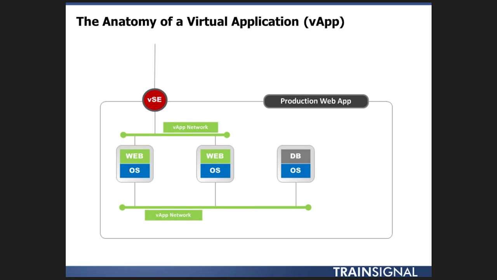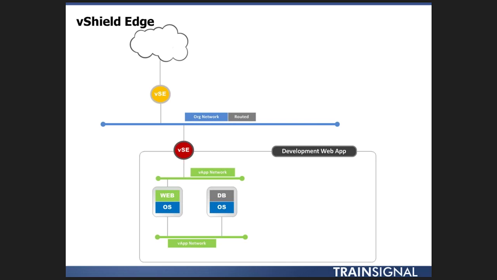The next feature in our top 5 is the vShield Edge, which I just mentioned. In this diagram, you might have seen the VSE or vShield Edge icon in the previous slide. And in this diagram, I have 2 different vShield Edge devices. The first one is at the vApp level.